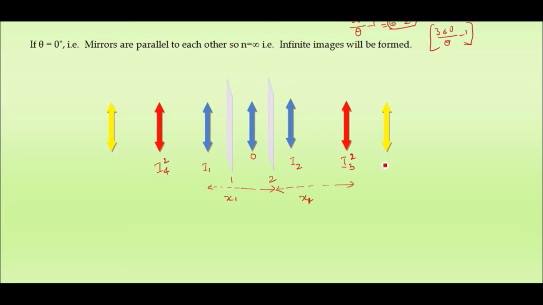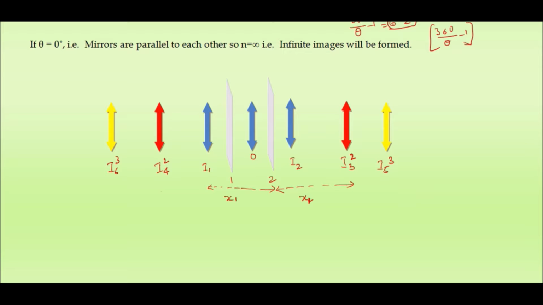We call it I5 subscript 3, and this I3 will again serve as an object for mirror 1, and the image formed is I6 subscript 3. So clearly I5 and I6 are third order images, and we have shown them by yellow color. So we have observed infinite images if two plane mirrors are placed parallel to each other.